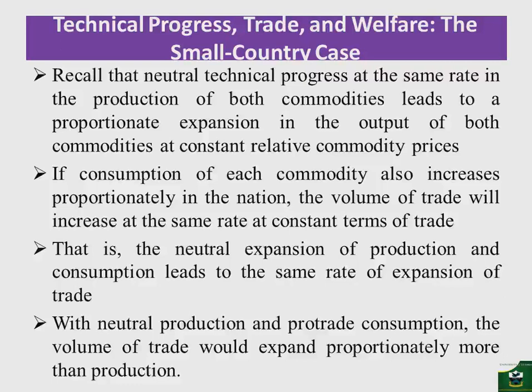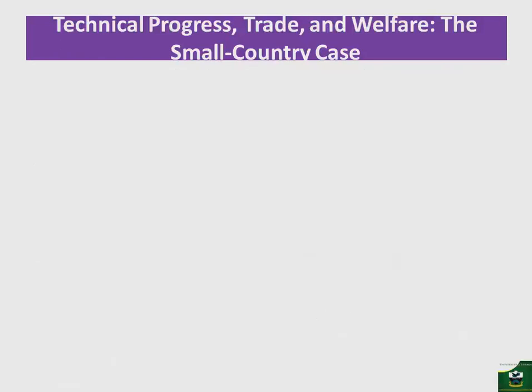So in the case where production is neutral and consumption is pro-trade, the volumes of trade would expand proportionately more than production because the net result will be pro-trade. Only in the case where production is pro-trade and consumption is anti-trade are we going to consider the net effect to see which one outweighs the other.